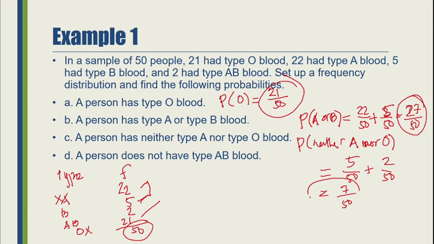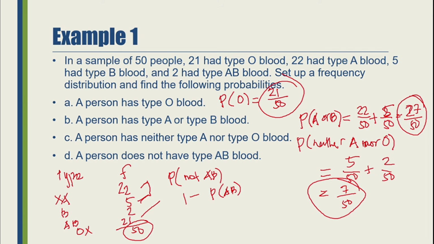So this is the probability that a person has neither type A nor type O blood. Next is the person does not have type AB blood. So the probability of not AB, since the total probability is 1, we could have 1 minus the probability of AB.